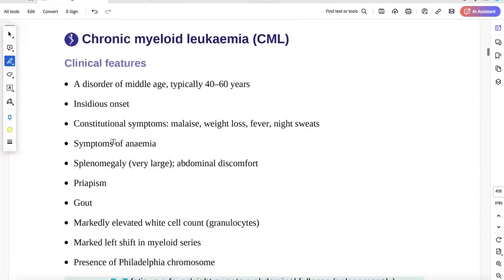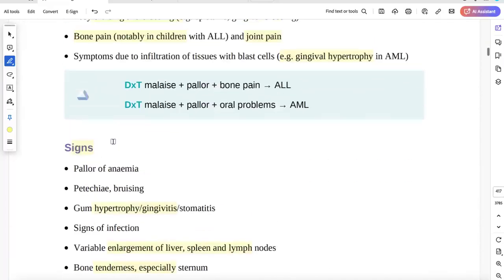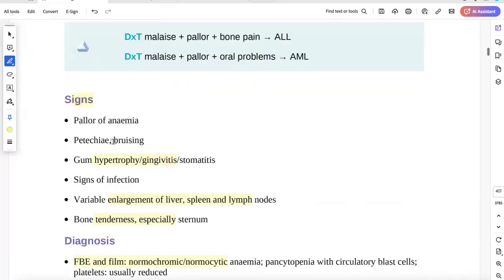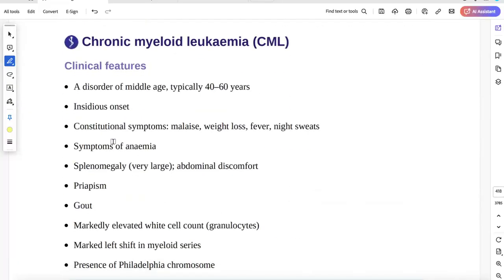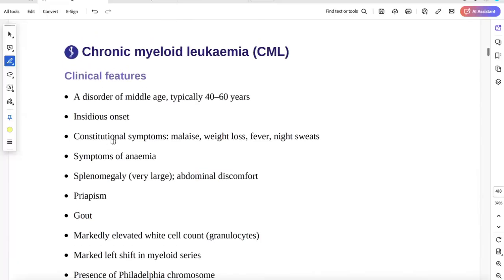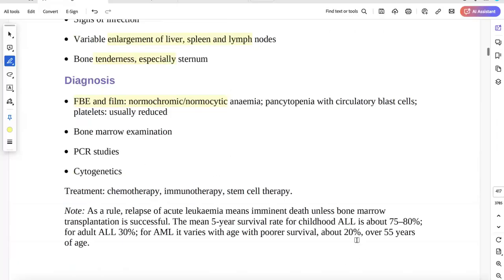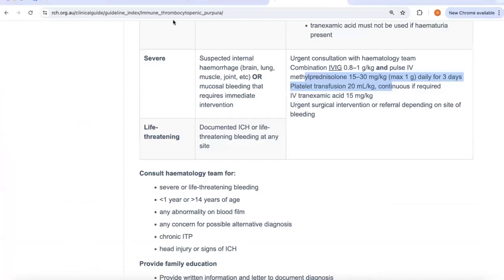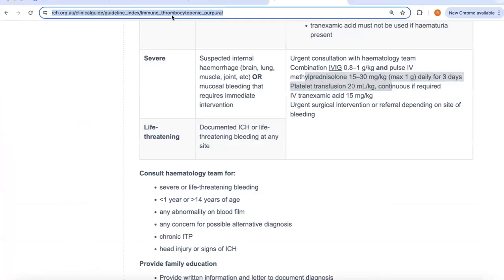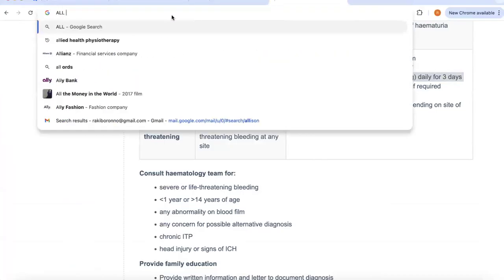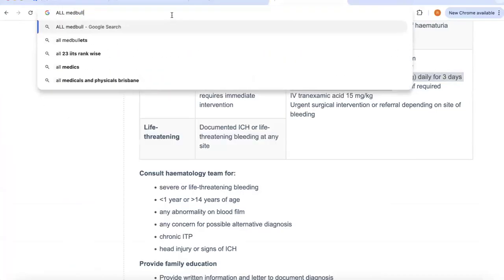Now, to know a little bit more about leukemia, I want you guys to go through Med Bullets. And Med Bullets usually will have a little bit more understanding, especially about the confirmatory investigations. Like, let's say we talk about ALL in Med Bullets.